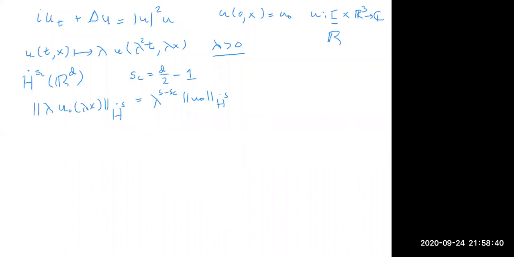So if s equals s_c, then the norm wouldn't change, whatever lambda you picked, and that's where this comes from.